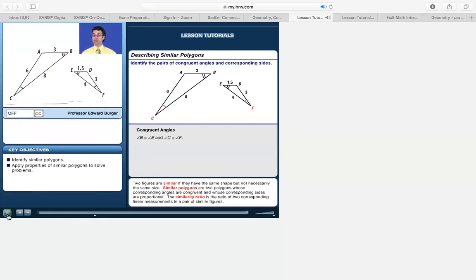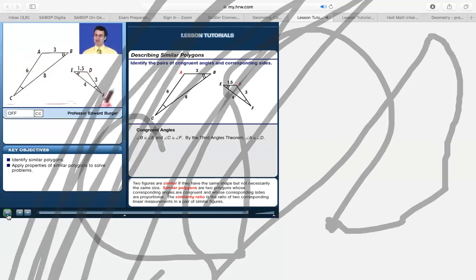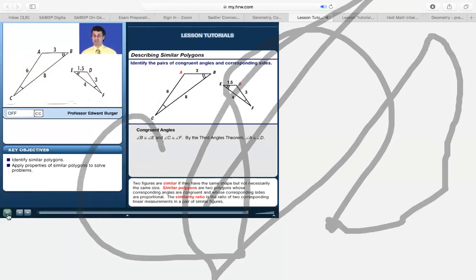Well, I can conclude that these triangles are, in fact, similar by angle-angle, by the angle-angle theorem, right? So by the angle-angle theorem, or something is called the third angle theorem, we know that since these two angles have the same measure and these two angles have the same measure, then the third angle, in fact, must be the same, and therefore by angle-angle-angle, these two triangles are similar.